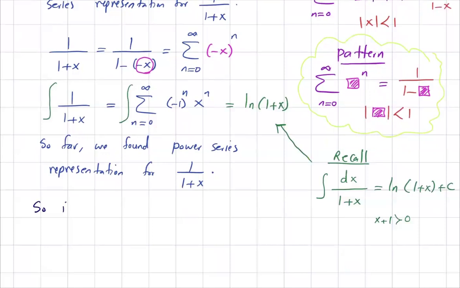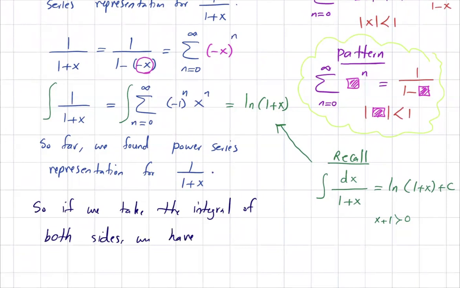So if we take the integral of both sides, we have ln of 1 plus x. Smart move. Take a look. I'm going to erase this and rewrite this here for you.